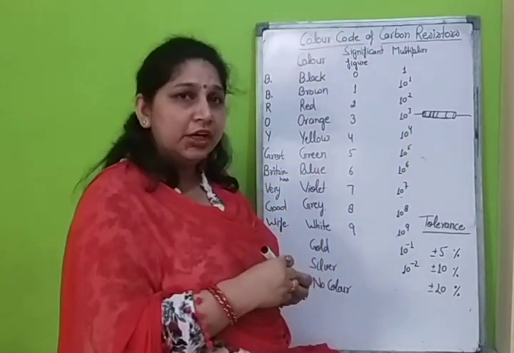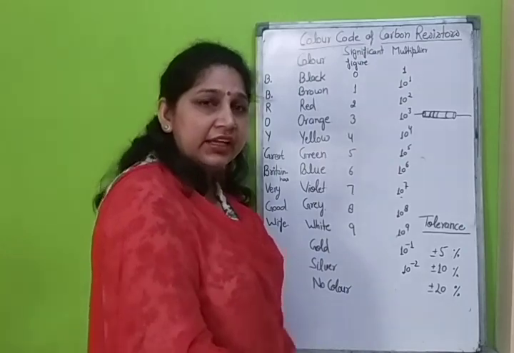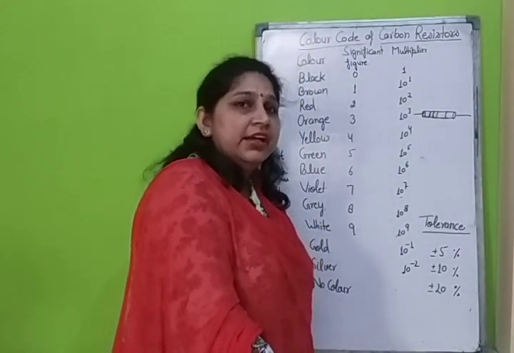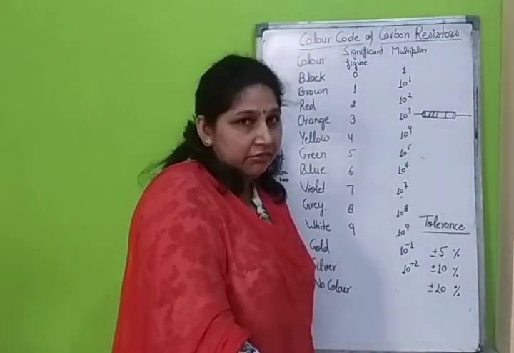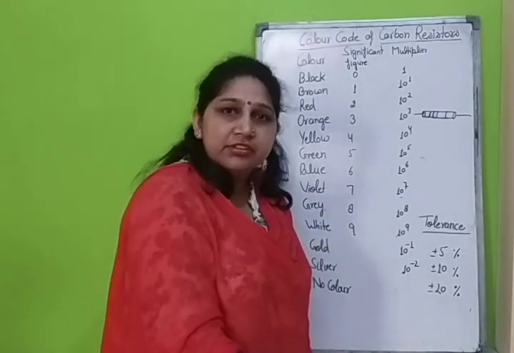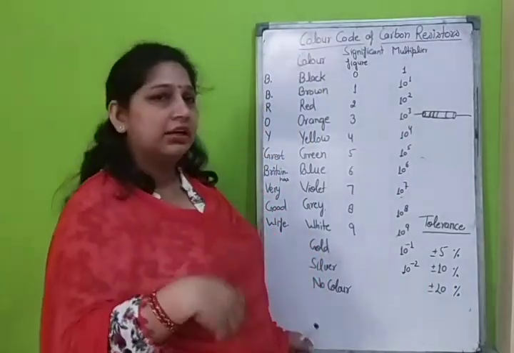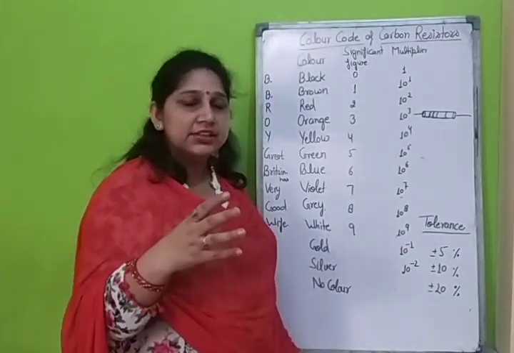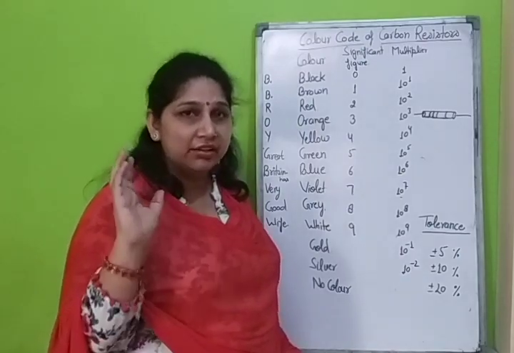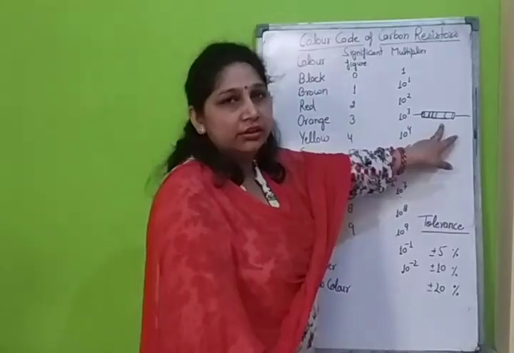Because any mechanic can make the equipment, and it is not necessary that he understands all the languages, all the countries' languages. If the resistor is designed in China and imported by our country, then it is not necessary that everyone can understand Chinese. That's why coding on it is necessary.